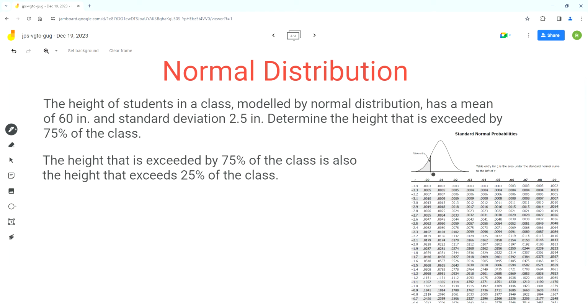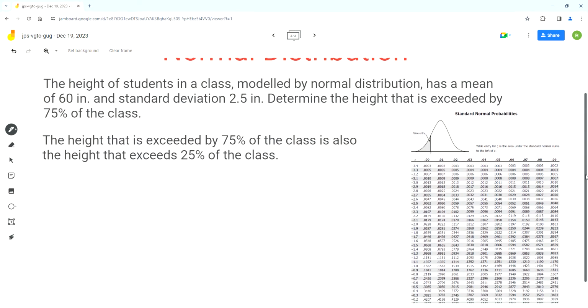But since the z-score table is only good for the probability or the area under the curve to the left side of that value in the normal distribution, we are interested in the percentage of class that the height exceeds. In this case, this height exceeds 25% of the class. So now we have to find the z-score value from this table for that 0.25 area under the curve value.